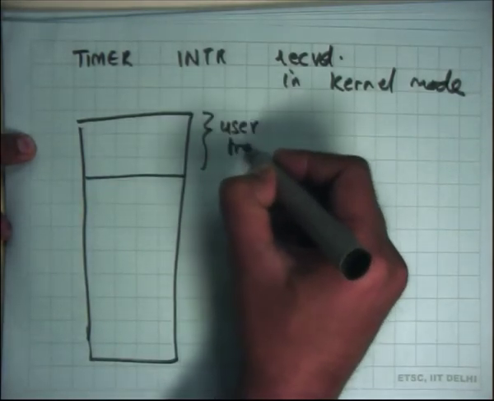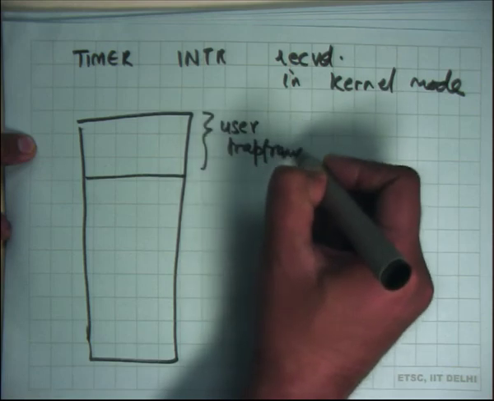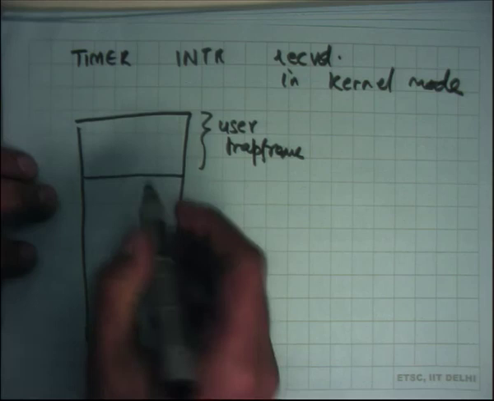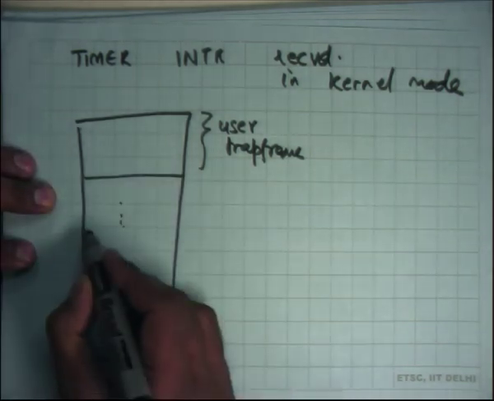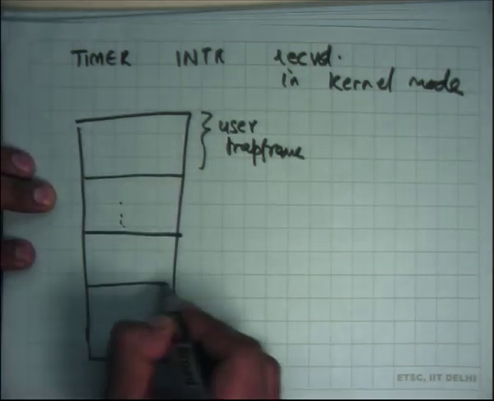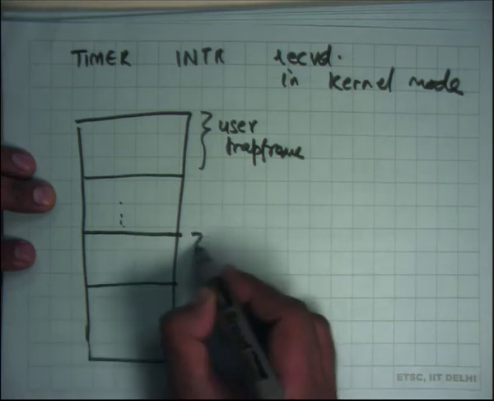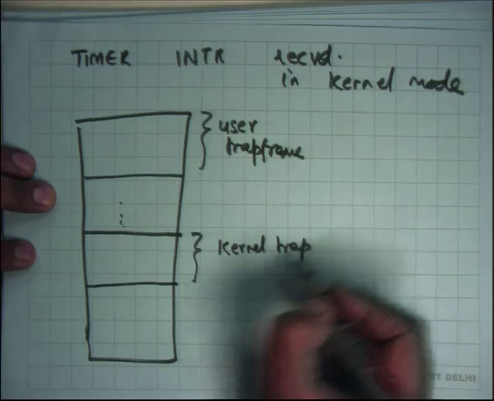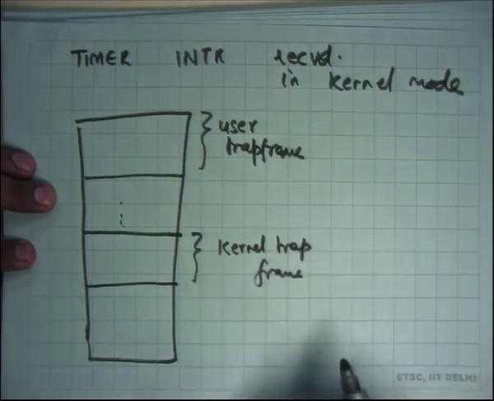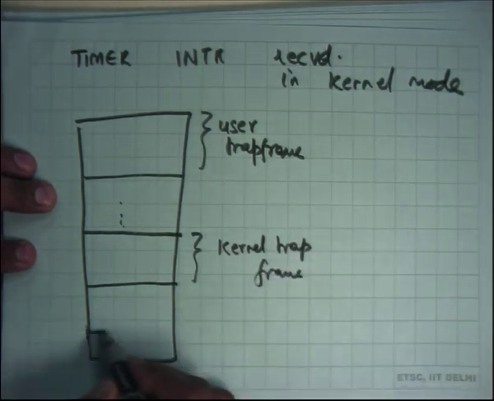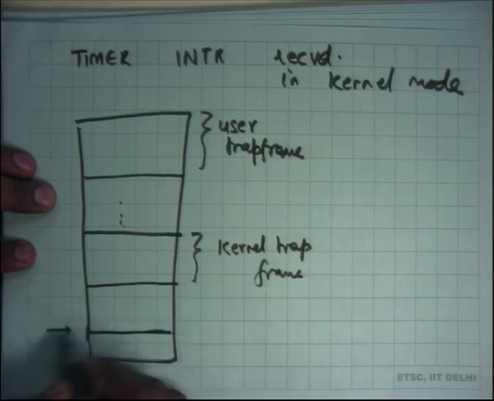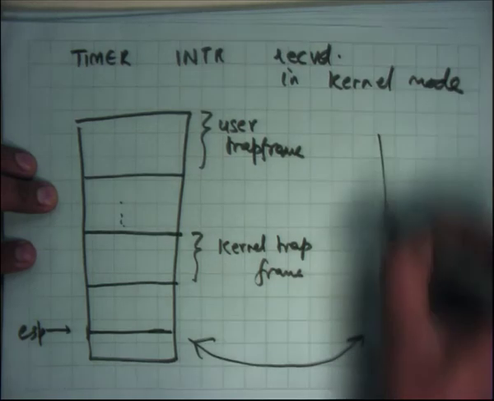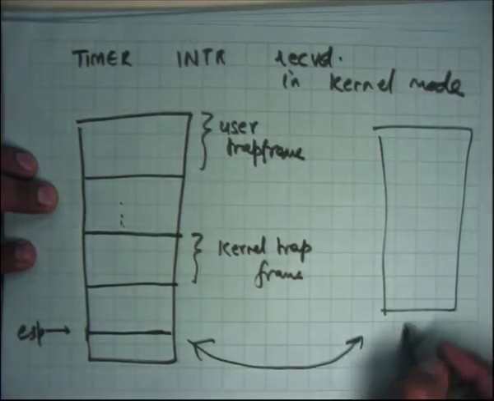After all, if it was executing in kernel mode, it must have come from the user at some point, so the user's trap frame must be there, then some function call chain, and then it got trapped again, and so this will be the kernel's trap frame. At this point let's say it decides to context switch. So from here it just context switches to another process, P2's K stack, just like before.